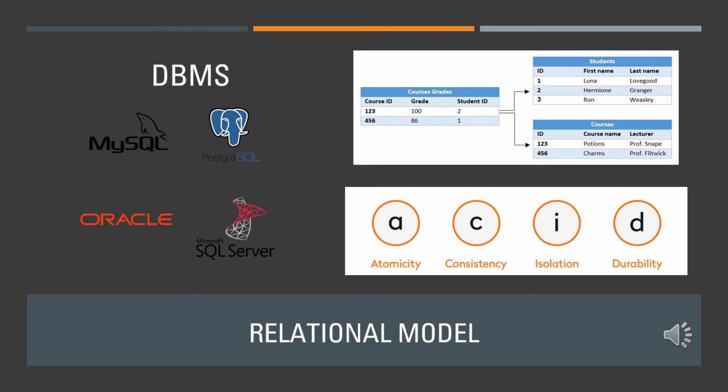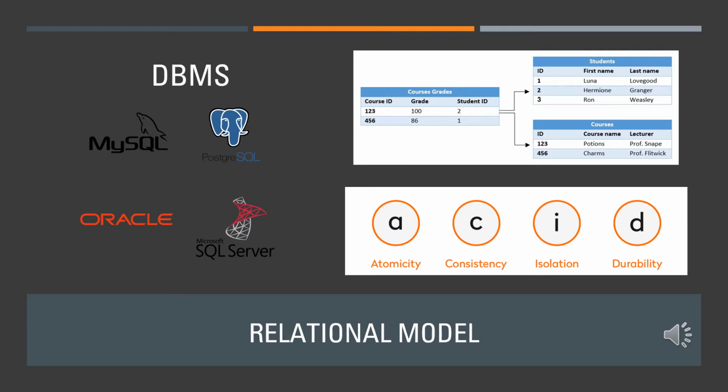A for atomicity. This is the principle that ensures that if a deposit transaction fails, the withdrawal operation won't take place. The C for consistency. The principle that ensures that the validity of the data is checked before being written in the database, so as to deal with illegal transactions.